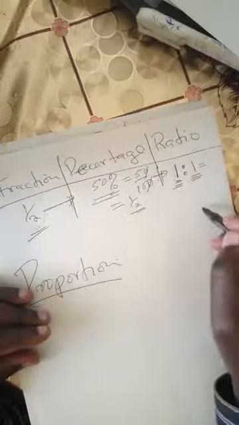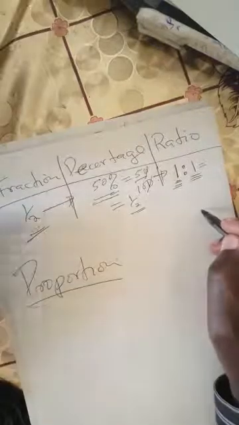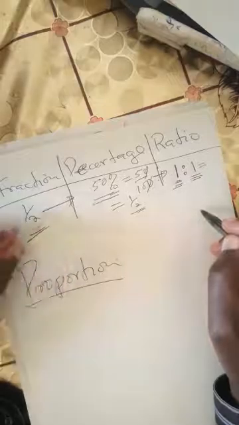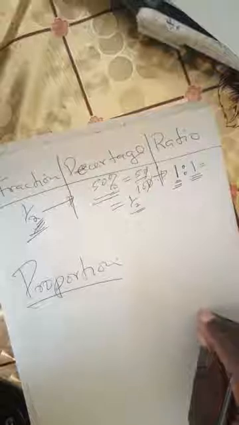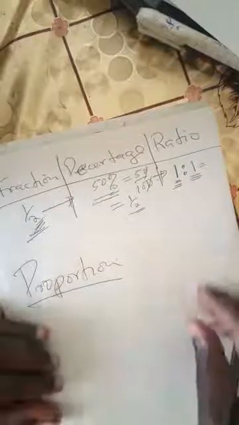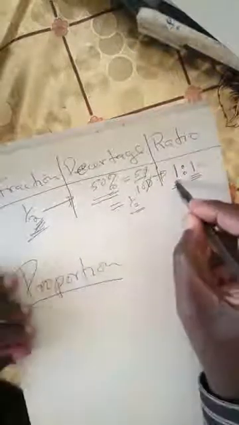So a fraction of a half means the number of parts you're talking about is 2, and as a ratio, a half would be written as 1 to 1.